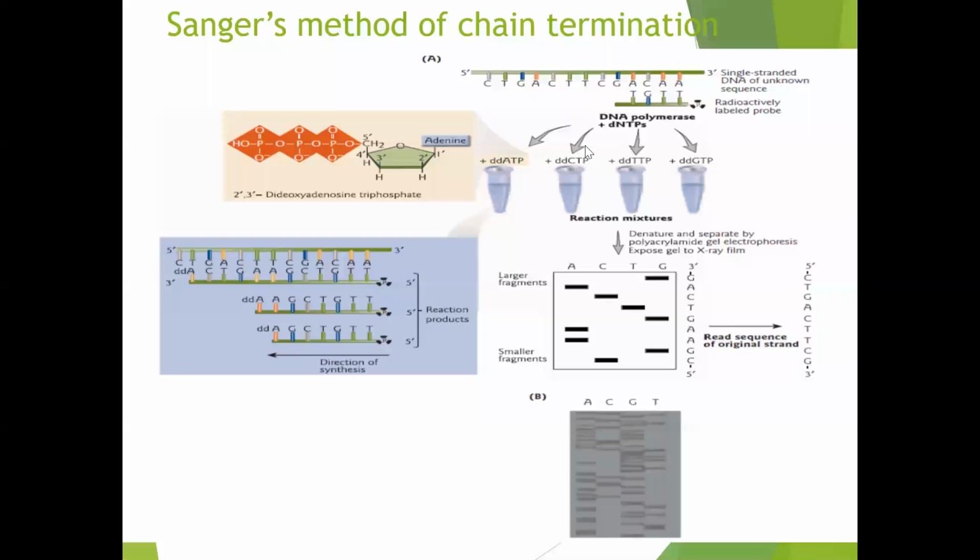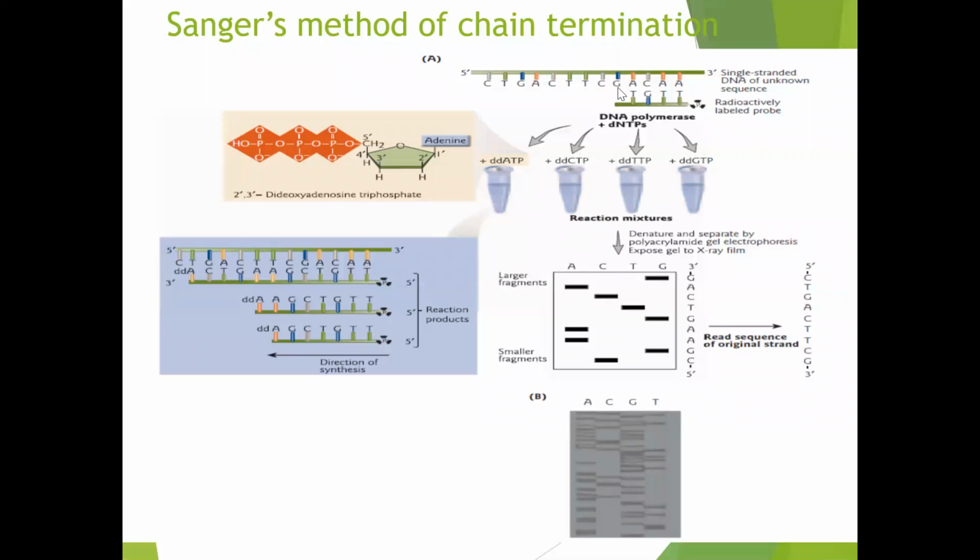Similarly, for ddCTP also, it is incorporated wherever there is G in the template. So how many positions is G there? Let us see. 1. Only 1? C is incorporated wherever there is G. So I am looking for G. Yeah.